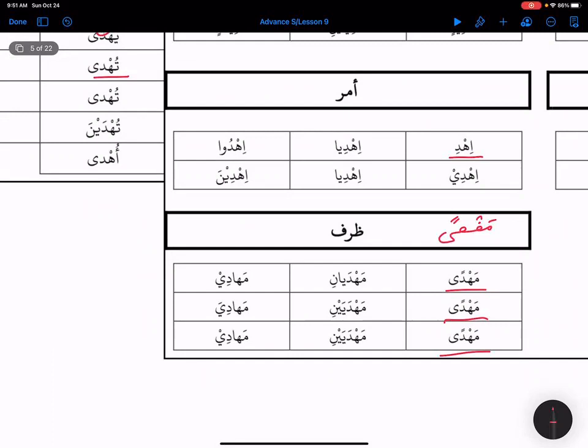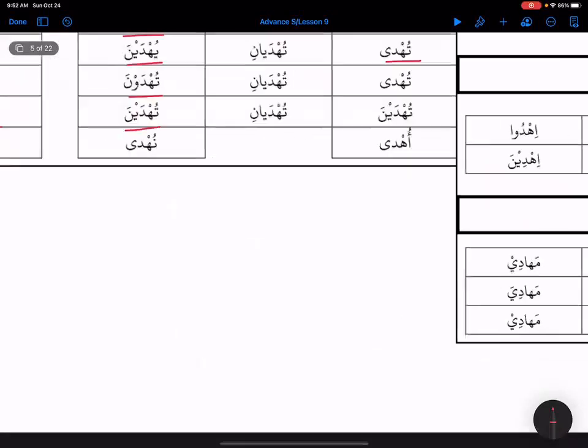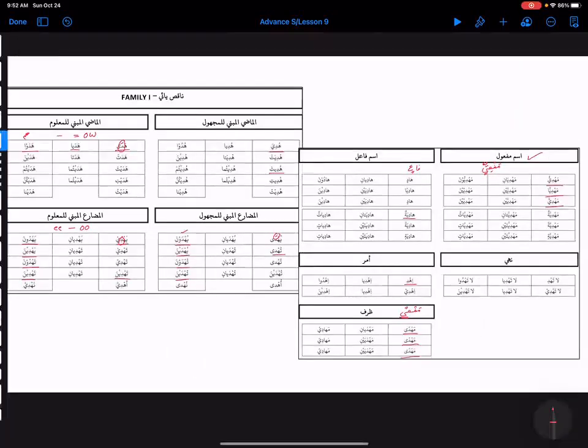So zarf would be mahdan, and it's non-flexible, so it is all the same. And then dual is mahdayan, mahdayani, mahdayaini, and plural mahadi, mahadiya.